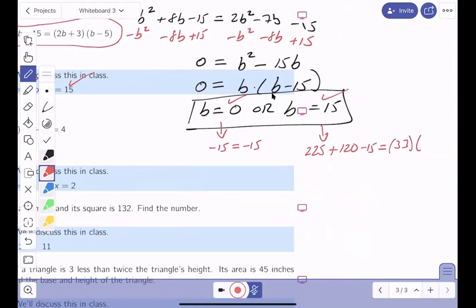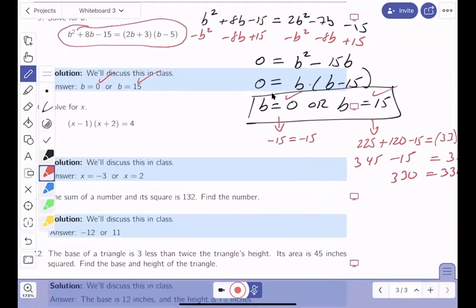And let's see, 15 minus 5, that's 10, isn't it? Well, the right side's really easy. That's 330. Let's see, what's 225 plus 120? That's 345 minus 15. Whoops, sorry about that. It's going to be 330. Does it work? Of course it works. We write problems that work.